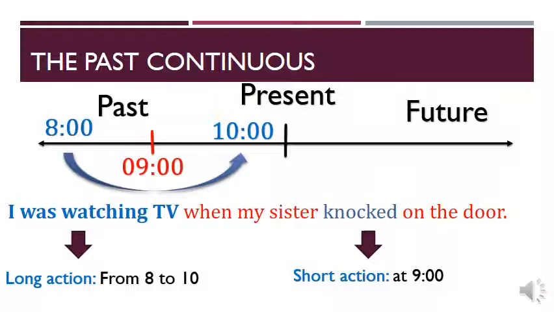In this sentence, we have two verbs, watching TV and knock on the door. Look at the long action. The long action is watching TV, and the short action is knock. So, the long action will be past continuous, and the short action will be past simple.